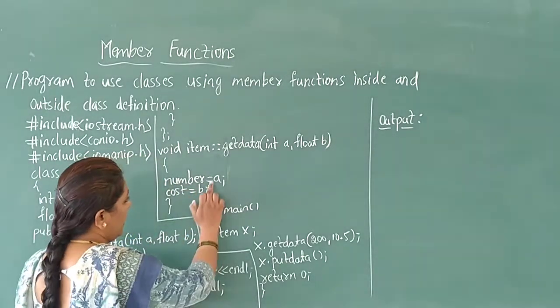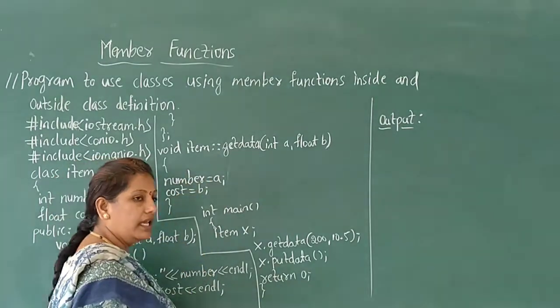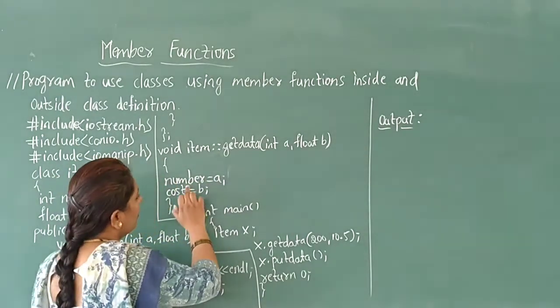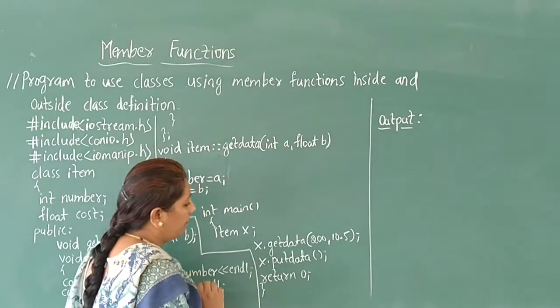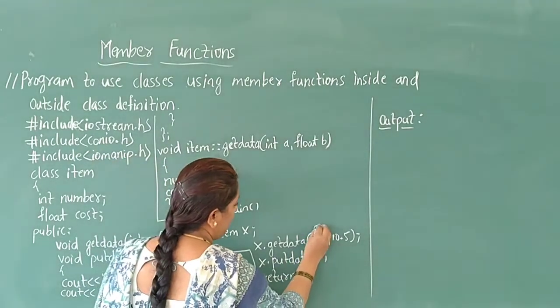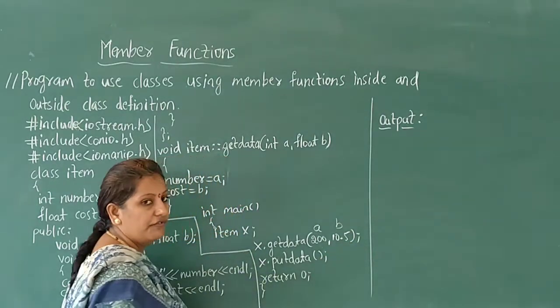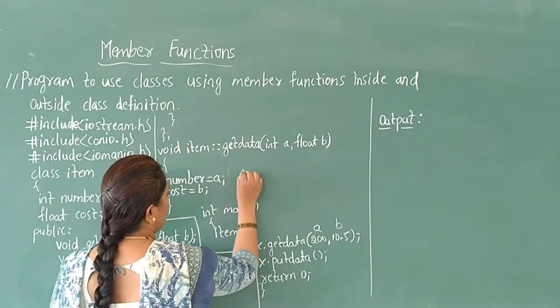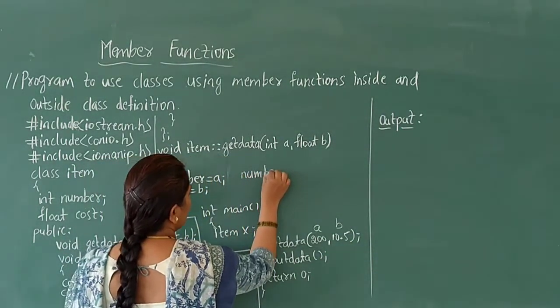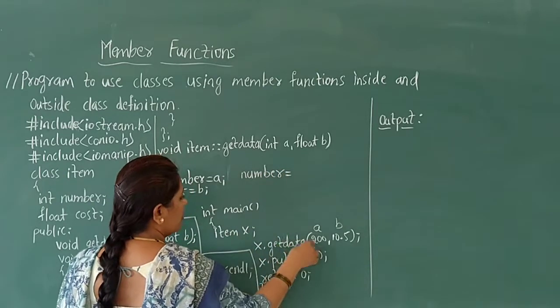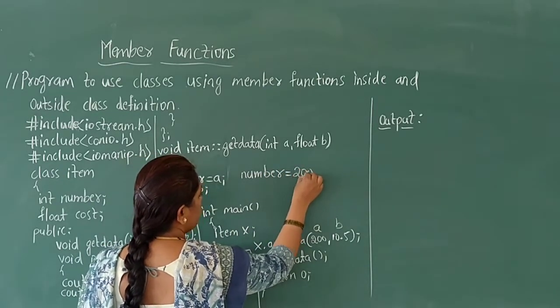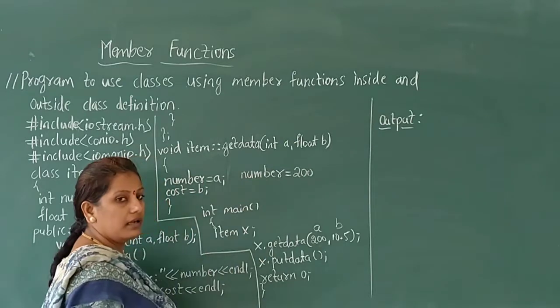This means the a value is assigned to the data member number. Here we passed a value 200, b value 10.5. So number is equal to the a value, which is 200. 200 is assigned to the variable number.